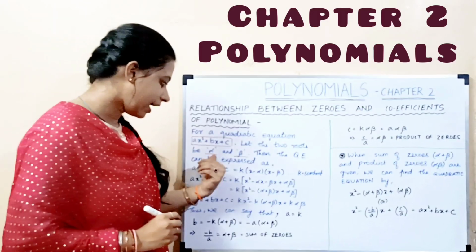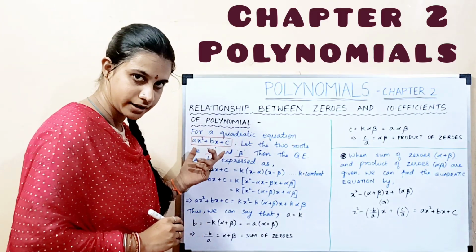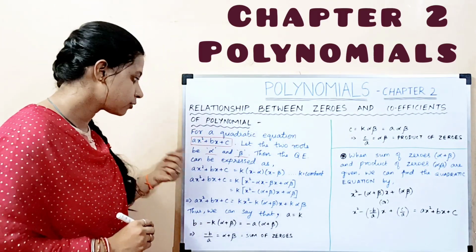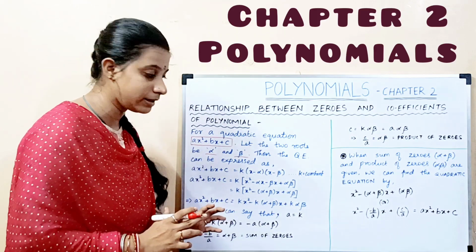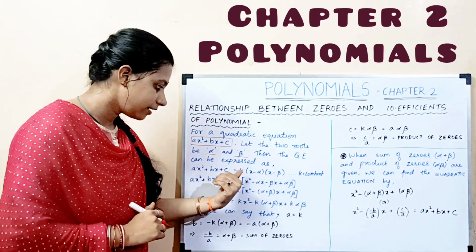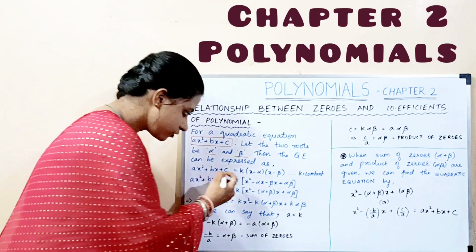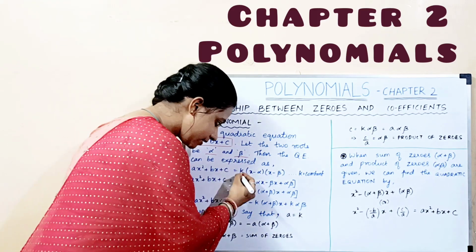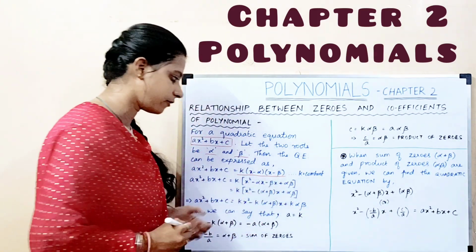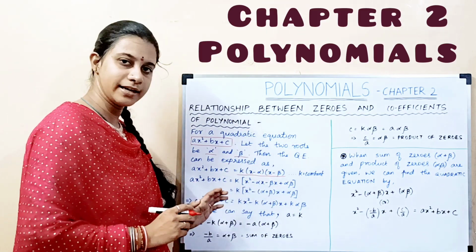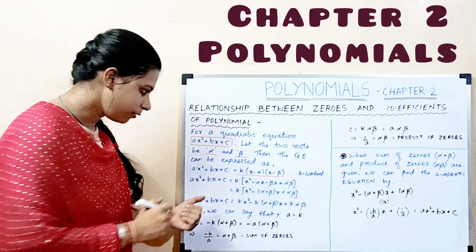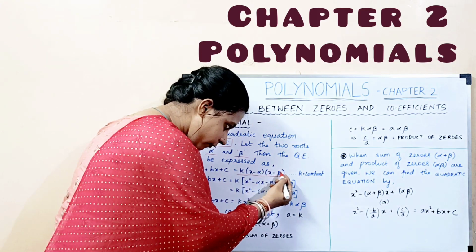Now if alpha and beta are zeros of this quadratic polynomial, then it can be expressed as the product of its factors. So ax square plus bx plus c is equal to k into x minus alpha into x minus beta, where k is some constant. Now we will multiply these two factors.